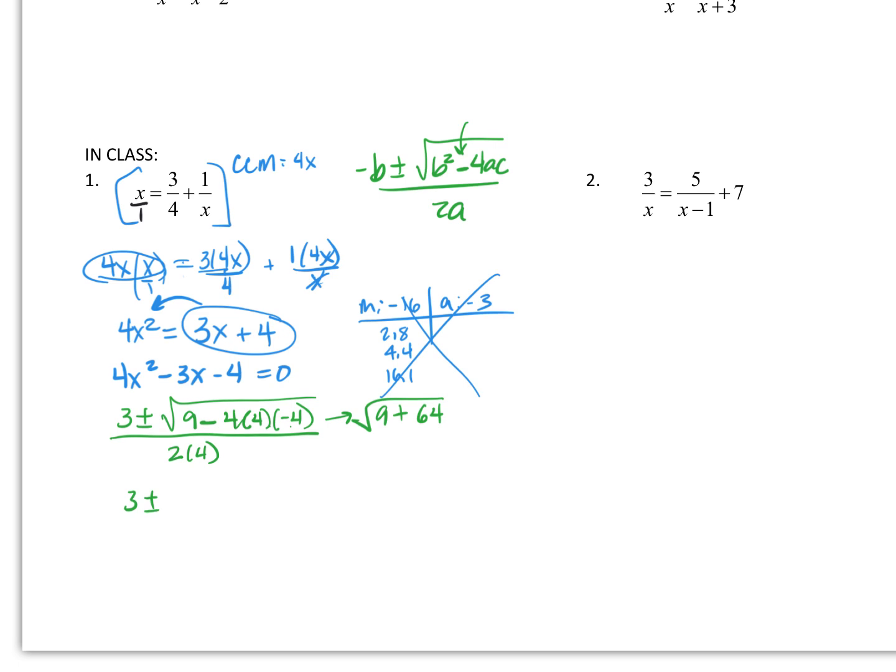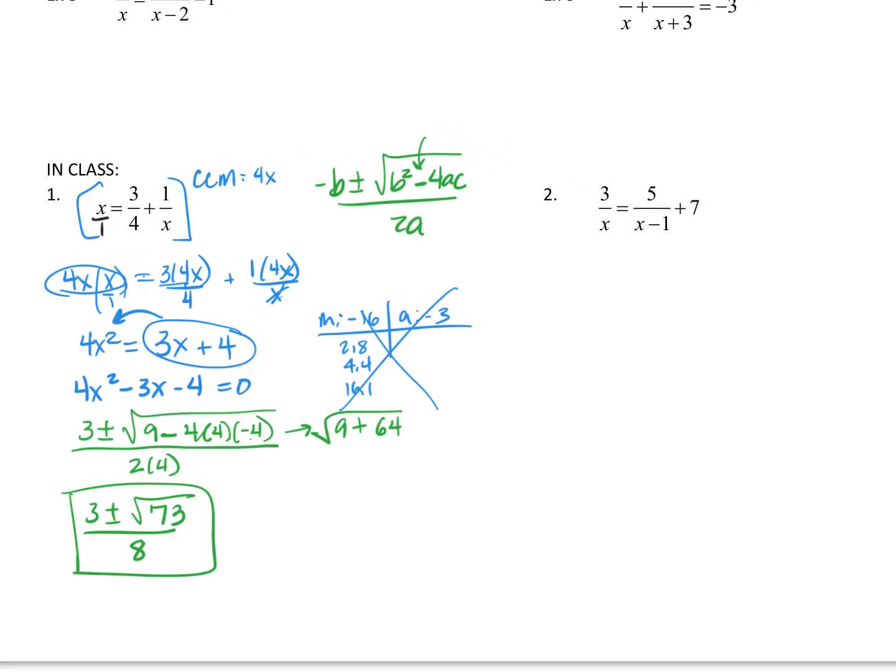Yeah. 3 plus or minus the square root of 73 over 8. Is that going to reduce? No, it is not. 73, not even divisible by 2, is it? So we're going to leave it just like it is. Are we good with that? Wonderful. The excitement is so real.